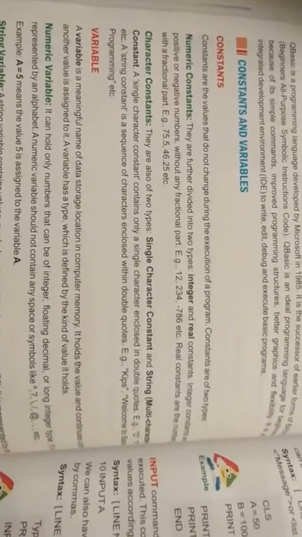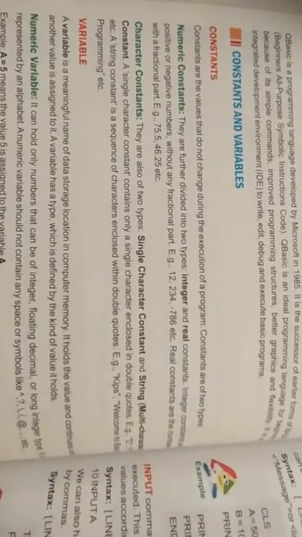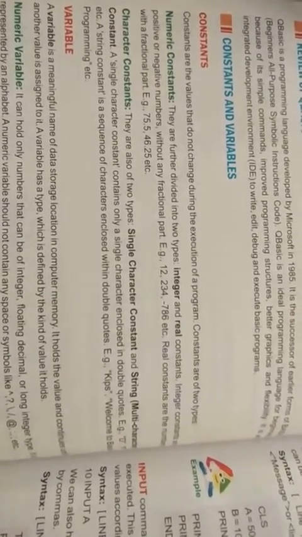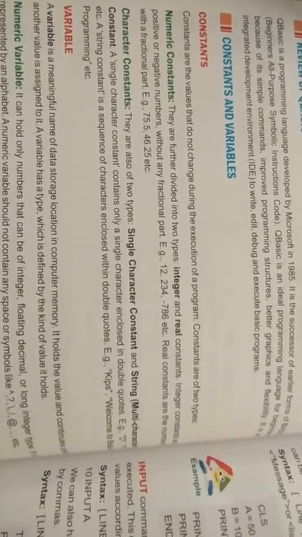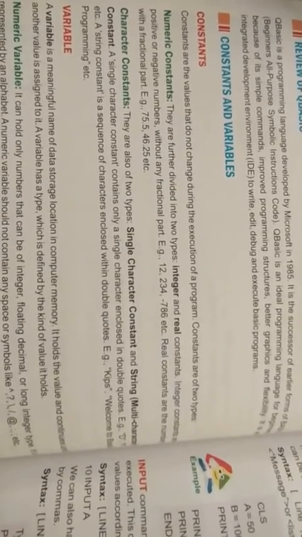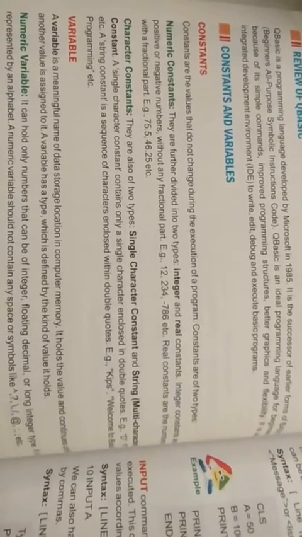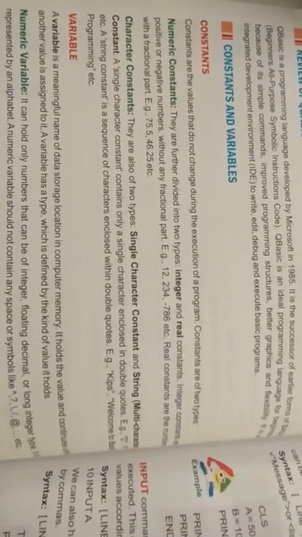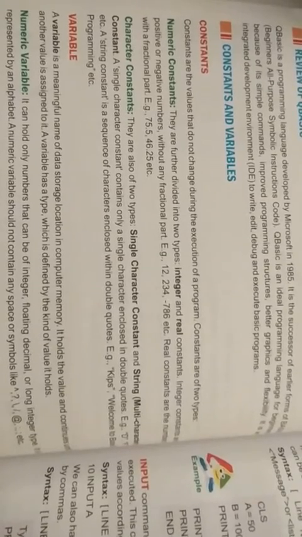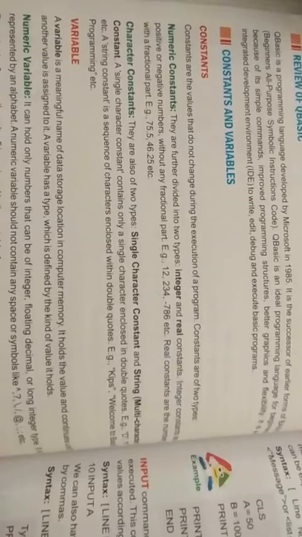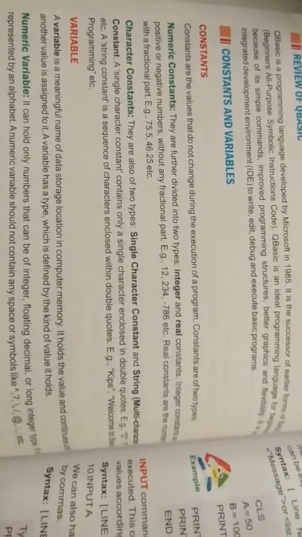And there are two types of constants, numeric constants and character constants. As the name suggests, numeric constants are further divided into two parts, integer and real constants. Integer constants are positive or negative numbers without any fraction part. For example, 12, 234, minus 786.